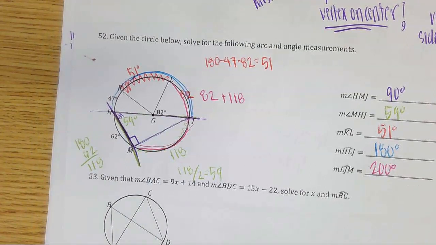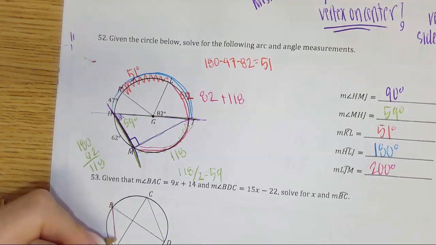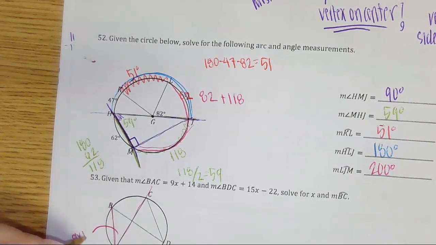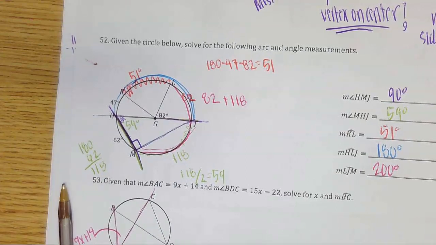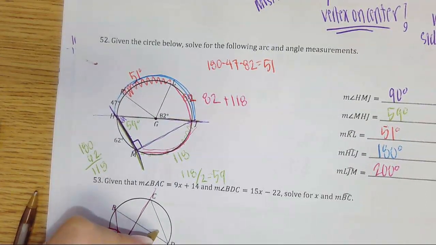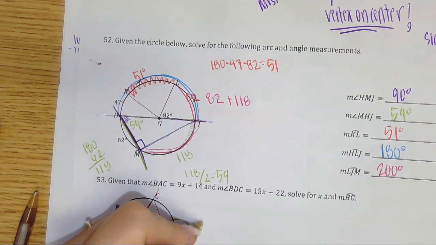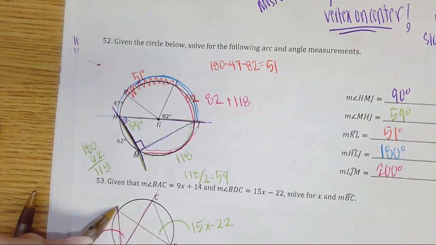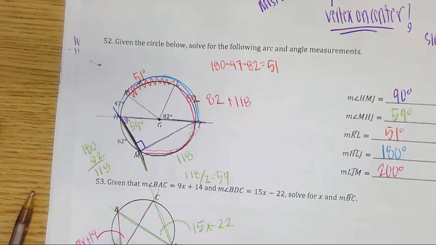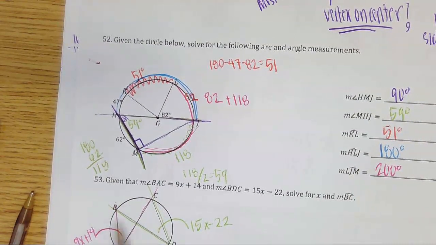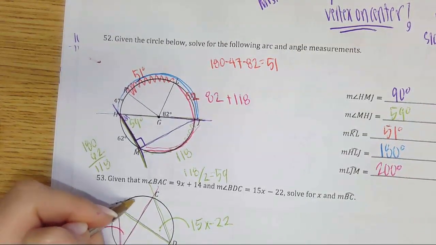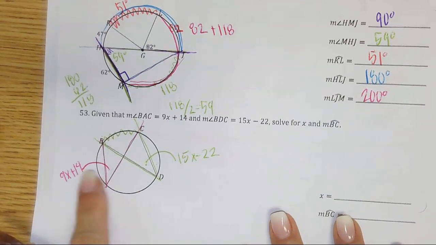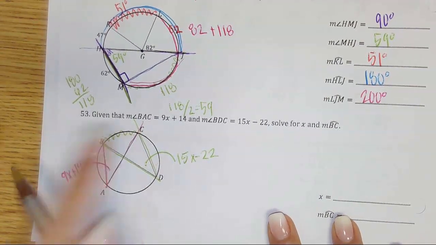Okay, so now, given that BAC, this angle right here, is 9x plus 14, and that BDC, this angle right here, is 15x minus 22, solve for x and the measure of arc BC. Okay, well first thing I can do is set those two expressions equal to each other because they are intercepting the same arc BC.